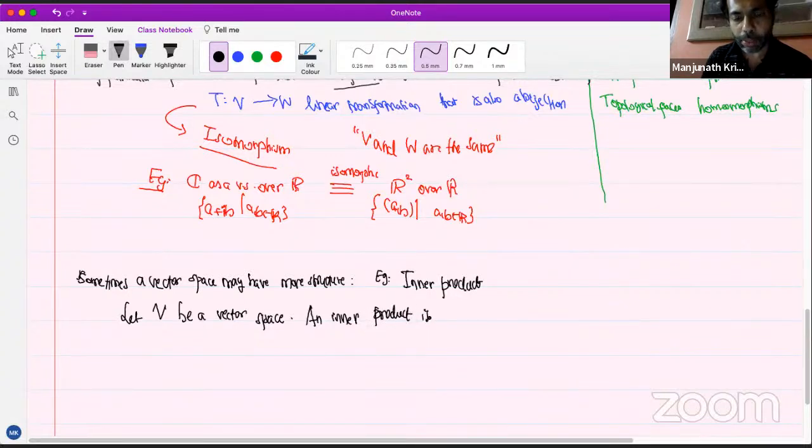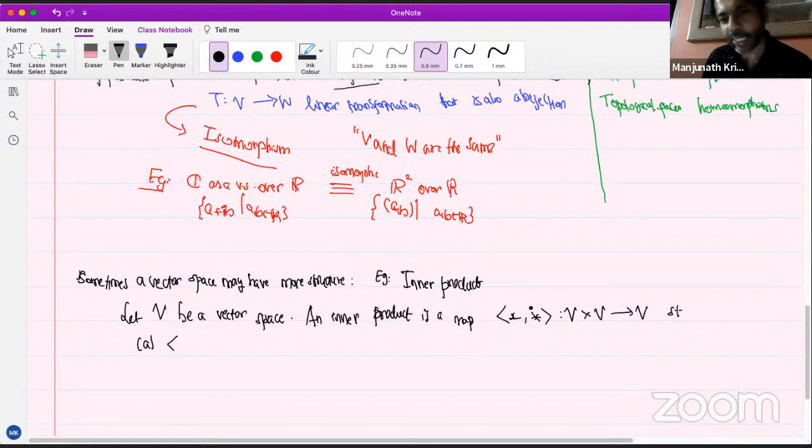is a binary operator, is a map which is usually written like this. It's a mapping from V cross V to F, your field, such that, what are the properties here?